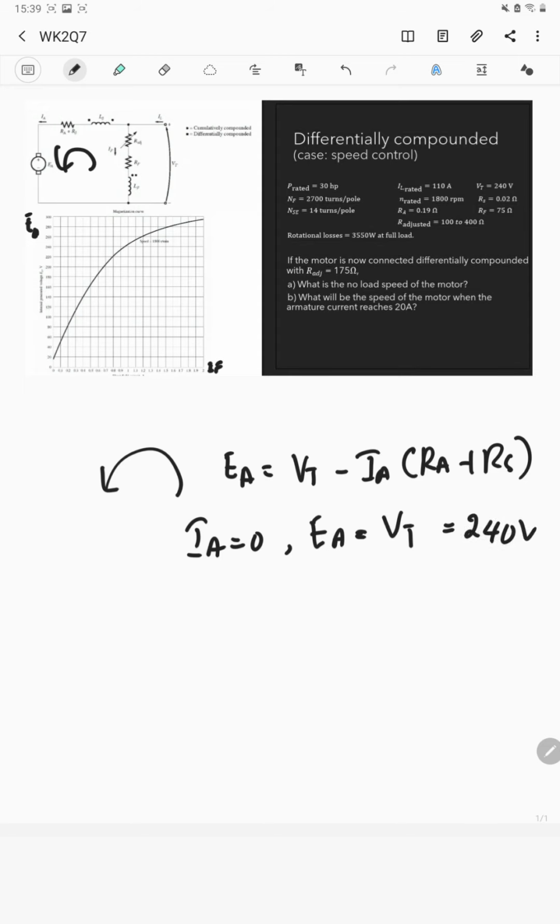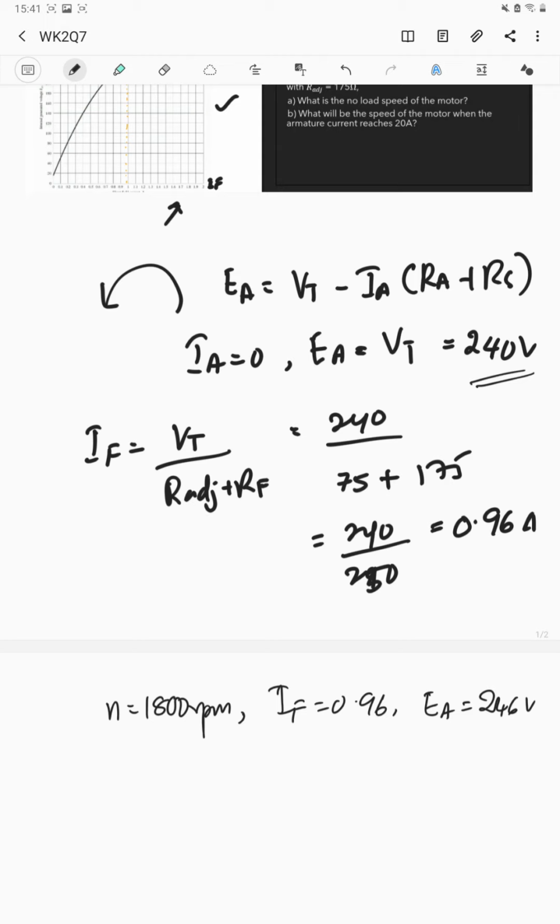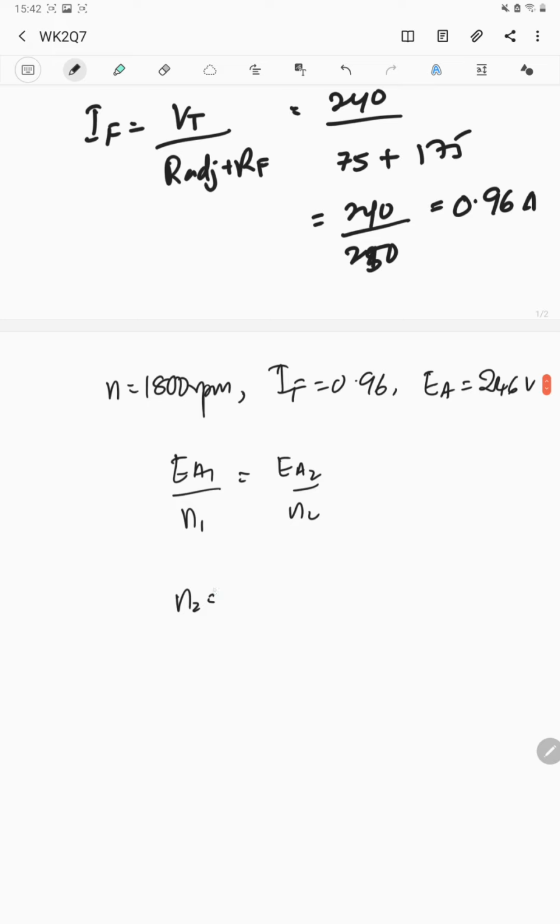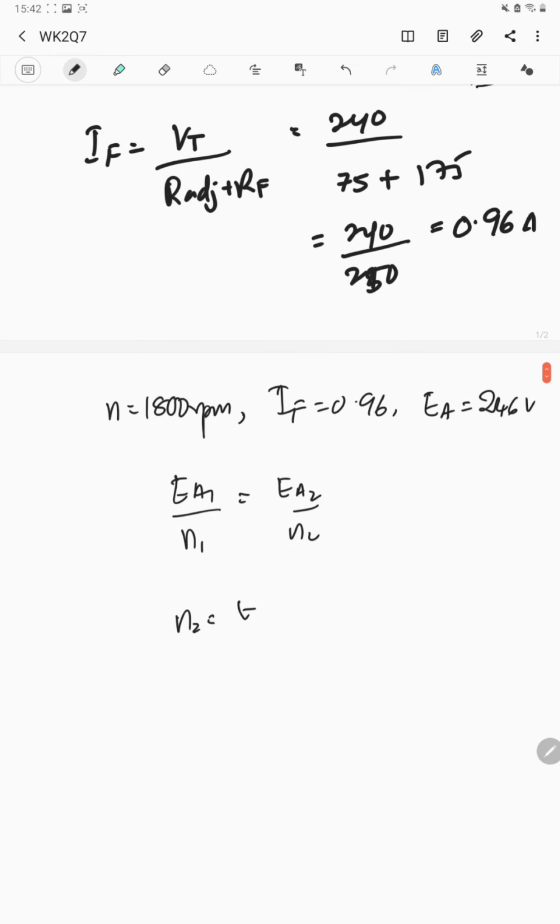Therefore the motor will be running at a different speed from the one plotted here. How to do it is to use the same ratio of internal generated voltage we have done before: EA1 over N1 equals EA2 over N2. To get N2, we calculate EA2 over EA1 times N1. EA1 and N1 are your reference.